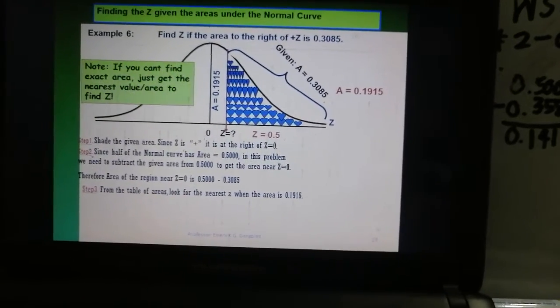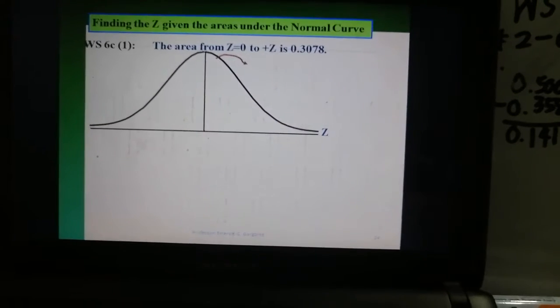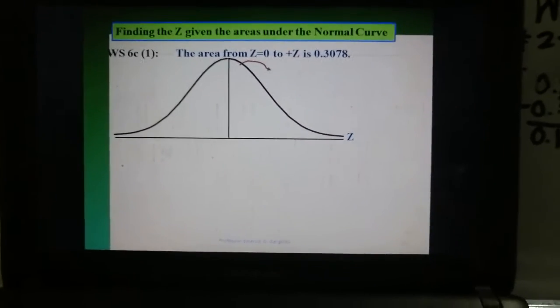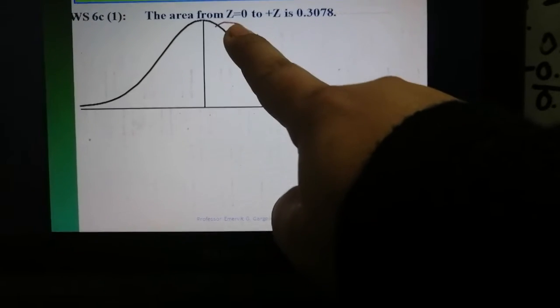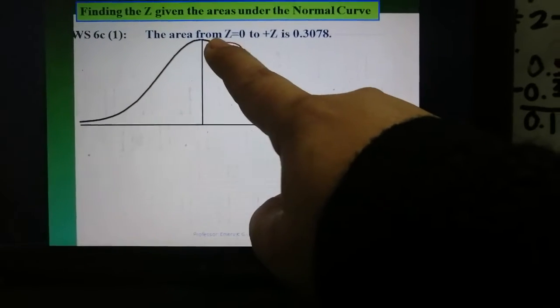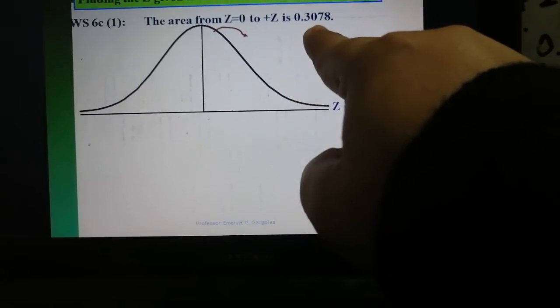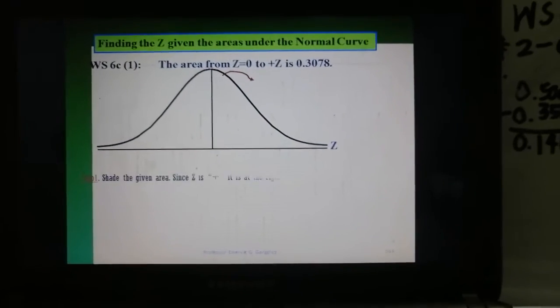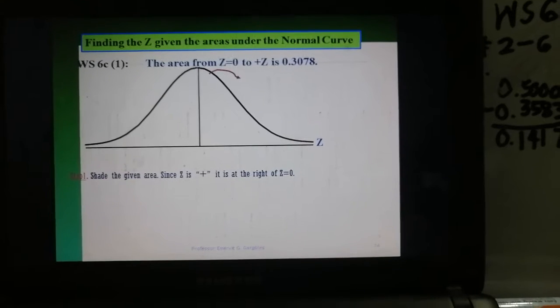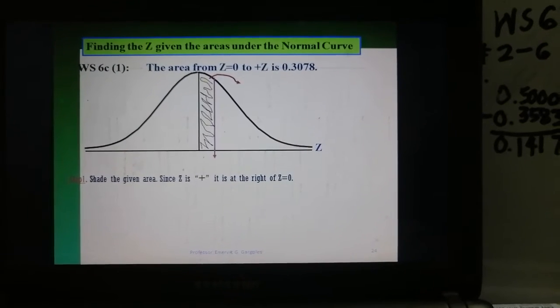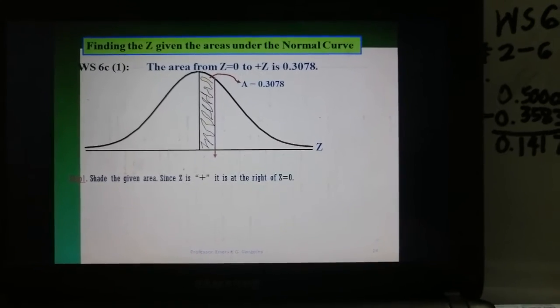If you need another example, this one is worksheet 6C number 1. Oh, you're very lucky. Why? Because we read first: the area from 0 to positive z is already given. So if we do the first step, shade the given area, from 0 to z, that is already 0.3078.